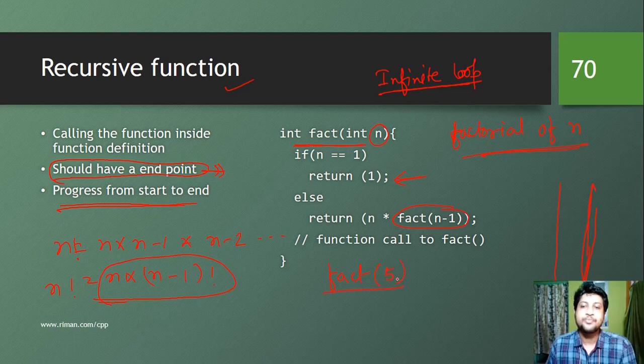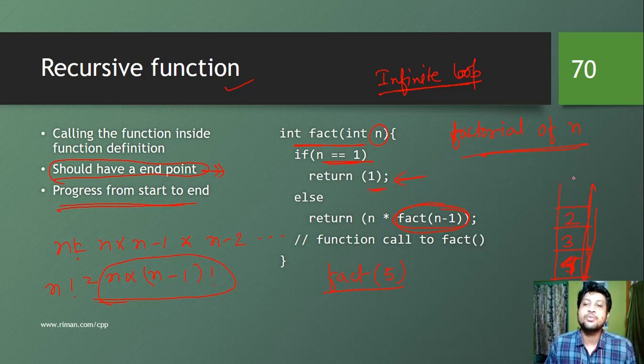They put 5 here and then they try to find out the factorial of n minus 1, that is factorial of 4. Then they put 4 here. Then they try to find out factorial of 3, then 2, and then they find the factorial of 1. When they come to that factorial of 1, they return 1.